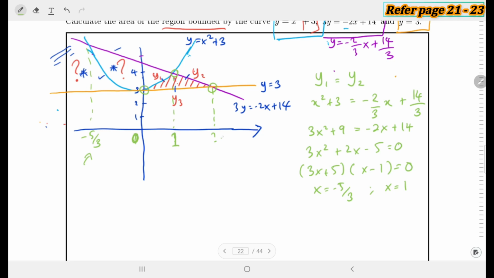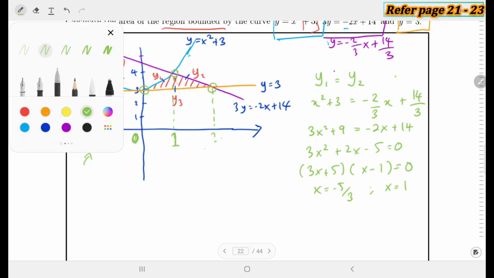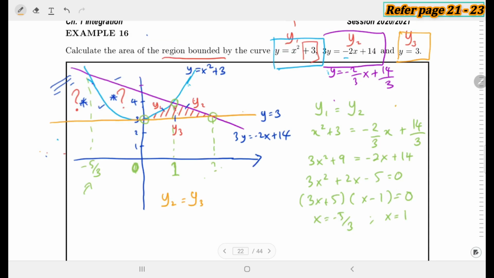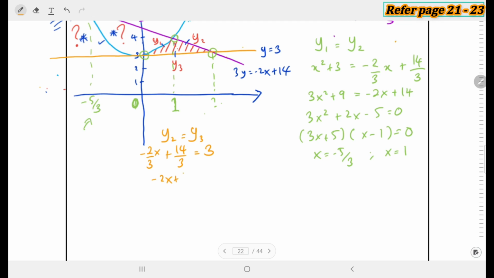And then for this part, we use the orange color to find this intersection point. We are going to equate the purple and the orange, so y2 equals y3. y2 is negative 2x over 3 plus 14 over 3, y3 is 3, so negative 2x plus 14 equals 9.